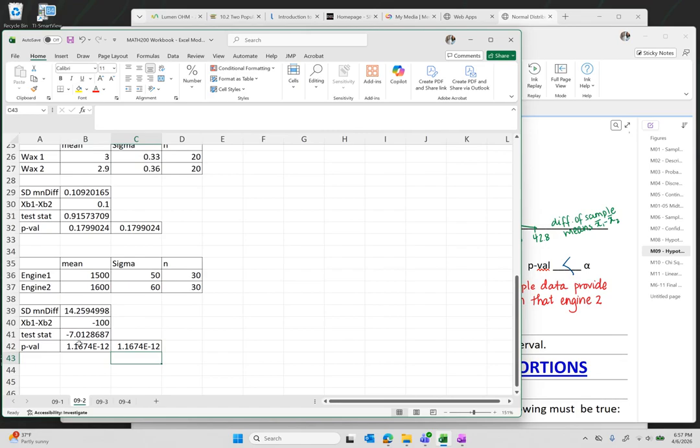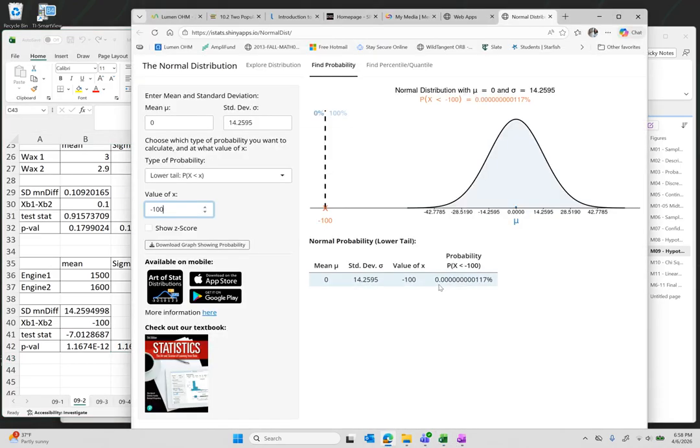And you can see here that this is indeed approximately 1.17, and it's really far into the decimal place, 12 decimal places to the right of the decimal point, and that also is reflected here in this percentage value.